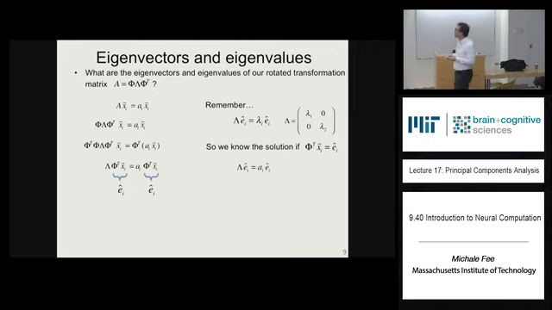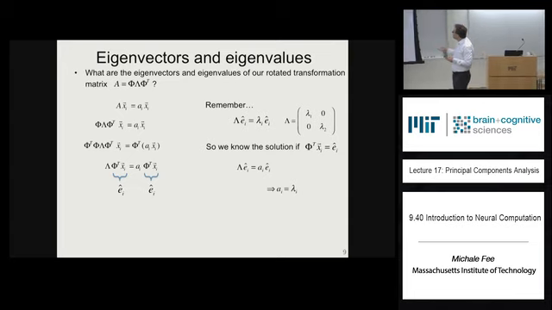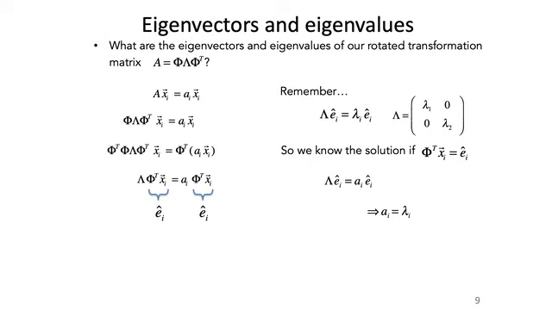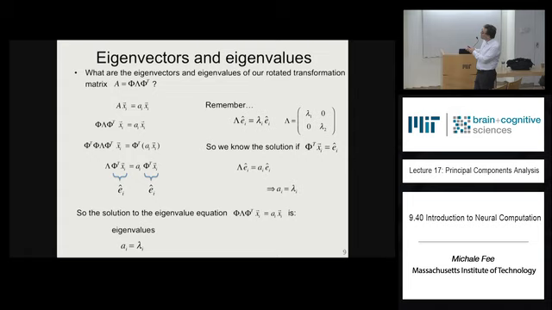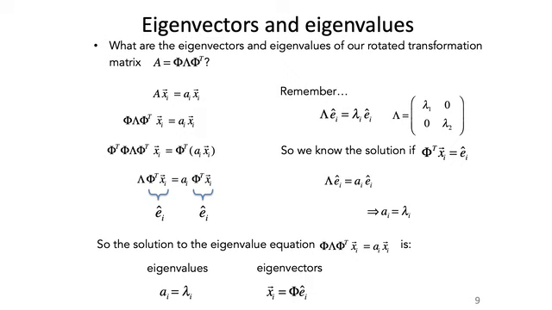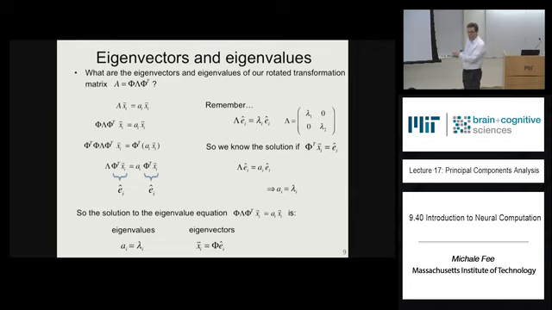All right, so what that means is that the solution to this eigenvalue equation is that the eigenvalues, a, are simply the diagonal elements of this lambda here, and the eigenvectors are just x, where x is equal to phi times the standard basis vectors.